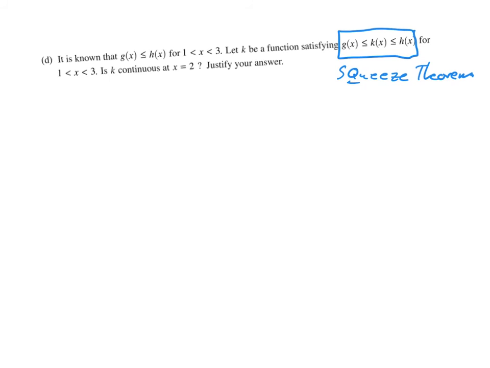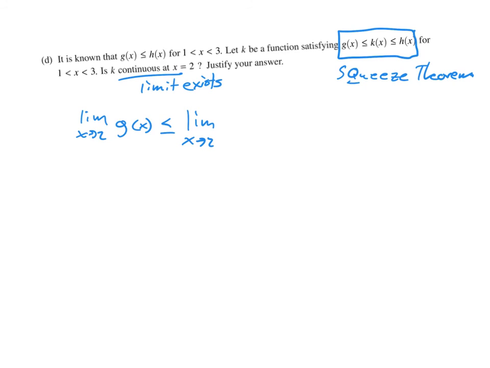Well, here's what we could kind of do. If I was to take the limit as x approaches 2 of all these things, of g of x and of k of x, because essentially I'm trying to find out if this limit exists. Remember, if it's continuous, then that means that the limit exists.